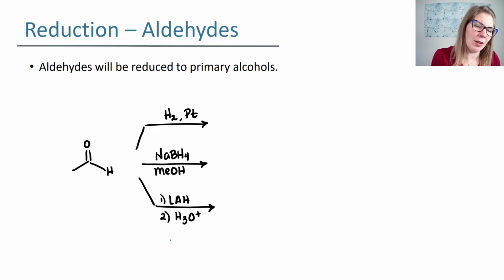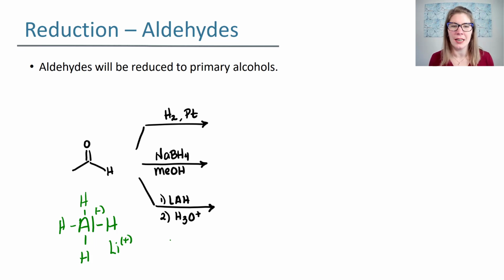Lithium aluminum hydride has a structure that looks like this, where the aluminum is negative and there's a positive lithium counter-ion hanging out next door. Lithium aluminum hydride is sometimes abbreviated as LAH. It can also be abbreviated as LiAlH4, which is the chemical formula.